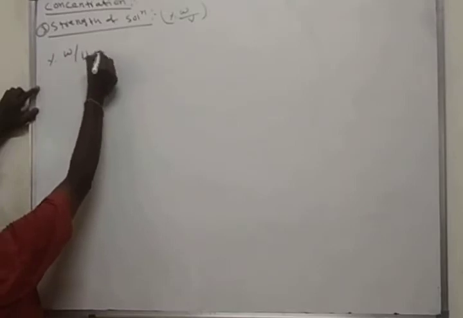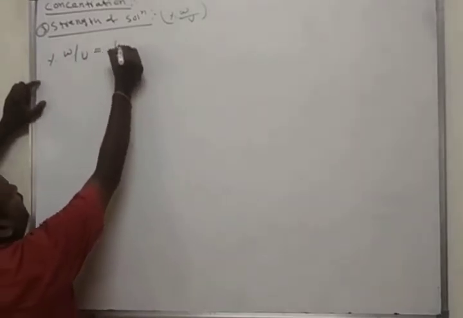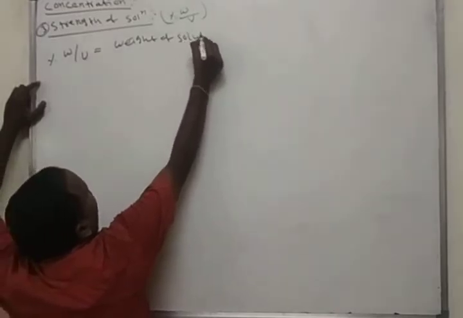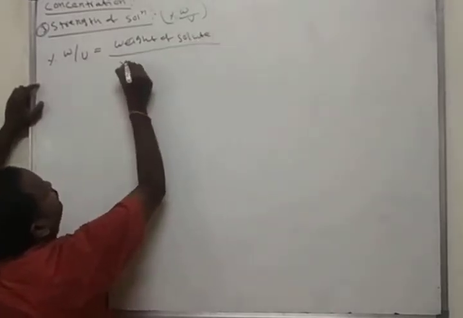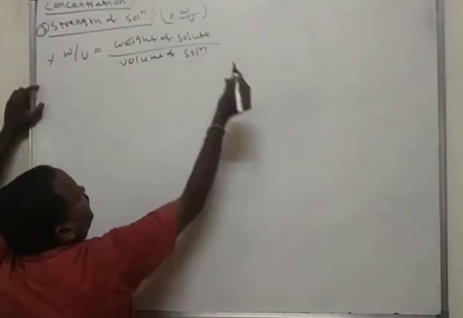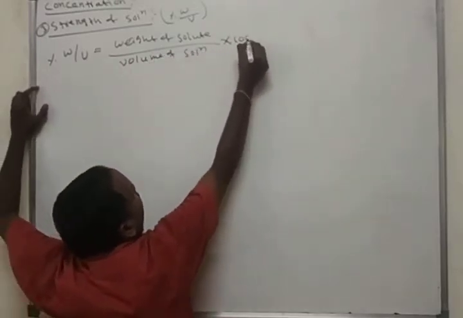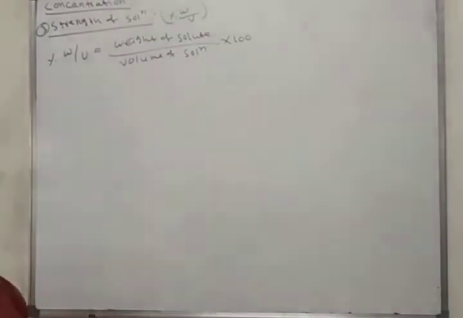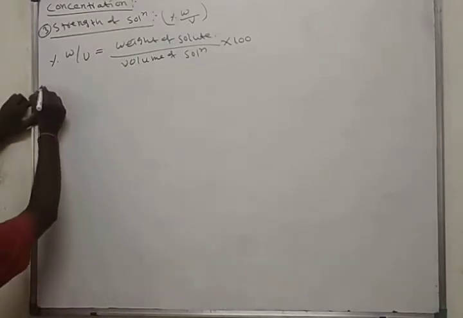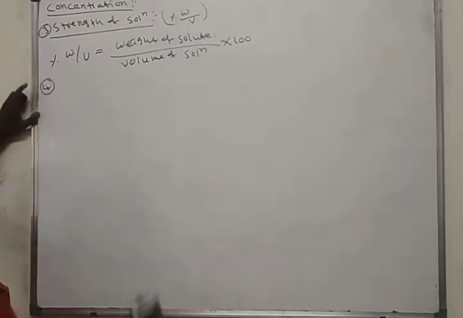Percentage weight by volume is equal to weight of solute by volume of solution into 100. By using this principle, we calculate the strength of the solution. Then in continuation, we move into one more important topic, molarity.